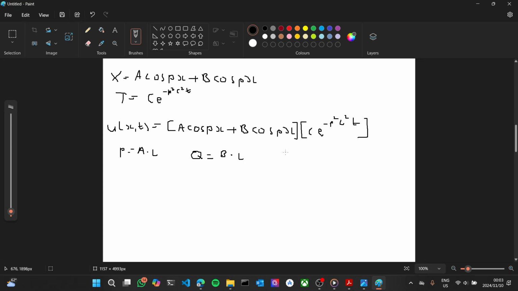And we're also going to now introduce an eigenvalue.